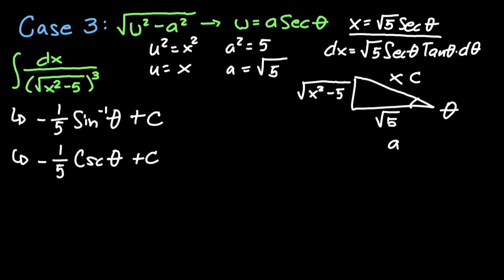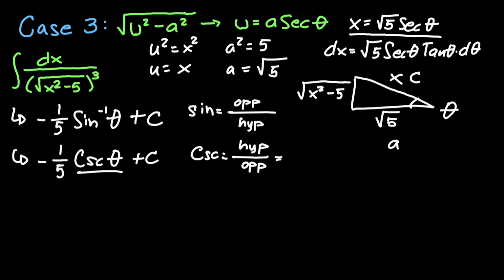And so what we are looking for here is the value of cosecant. Keep in mind that sine here is equal to opposite over hypotenuse. And so since the inverse of sine is cosecant, this would be hypotenuse over opposite, where the hypotenuse here is x, and the opposite here is square root of x squared minus 5. Keep in mind, in order to know what the opposite is, base this on the theta value.